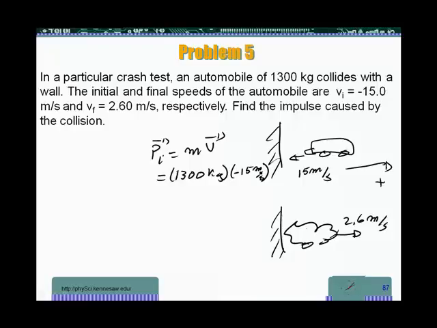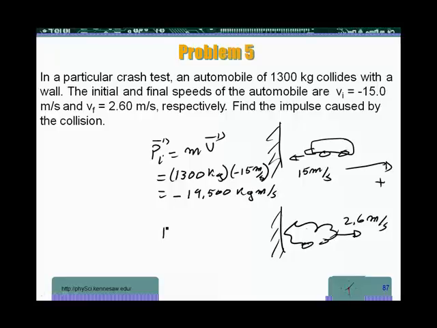So 1,300 times minus 15 meters per second. So that would give me minus 19,500 kilogram meter per second.